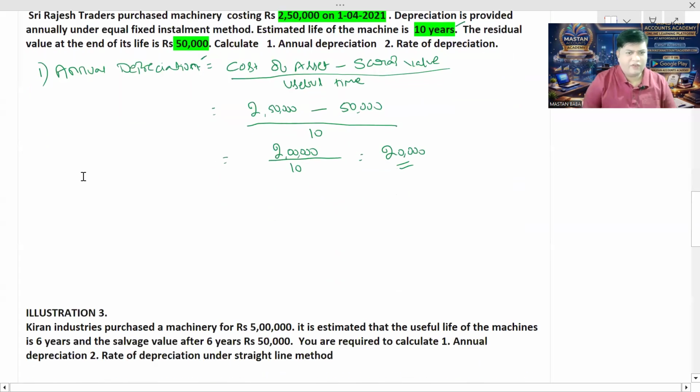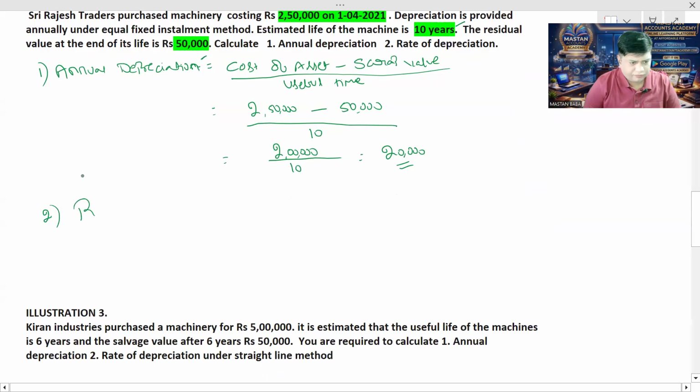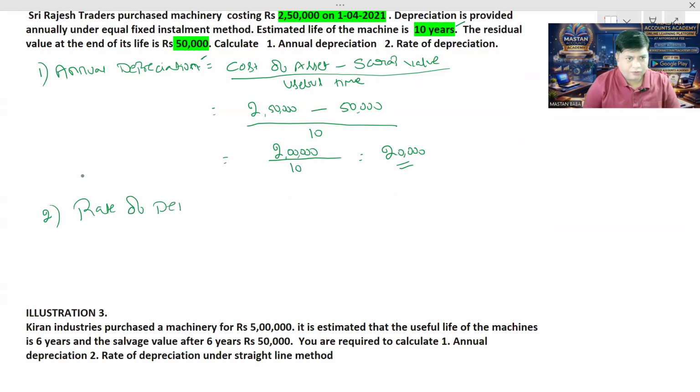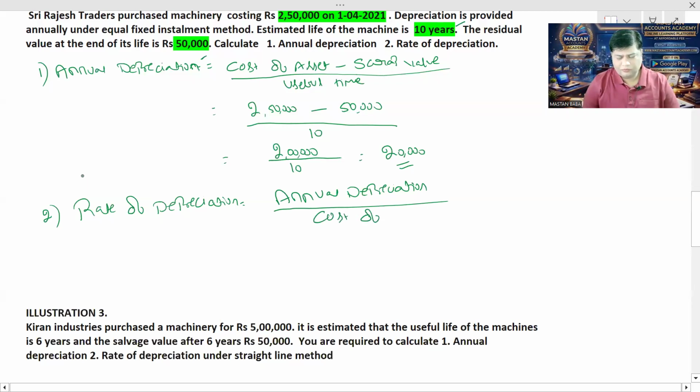And next one, second formula, rate of depreciation. Rate of depreciation is equal to, the formula is very simple, annual depreciation divided by cost of asset into 100.